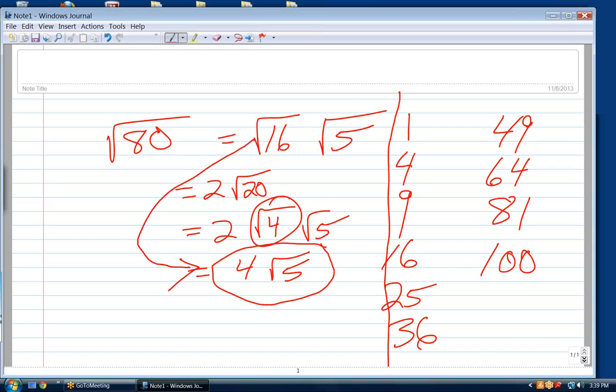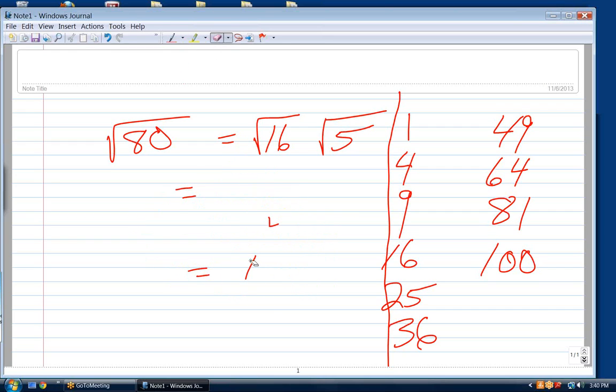But don't spend a lot of time looking for the biggest perfect square. Even if you find the smallest perfect square and start working with it, you will whittle it down until you get the final answer, if you know what I'm saying. Yeah. Okay, let me give you some others here.